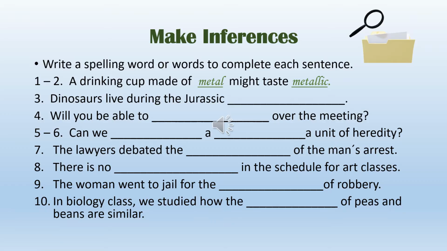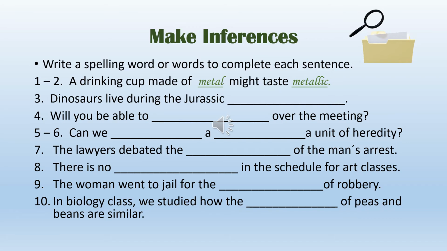Okay, now we are going to make inference. This is very easy, and this is something where you need to read each sentence really carefully, and you need to concentrate to find the correct answer. Okay, write a spelling word or words to complete each sentence.